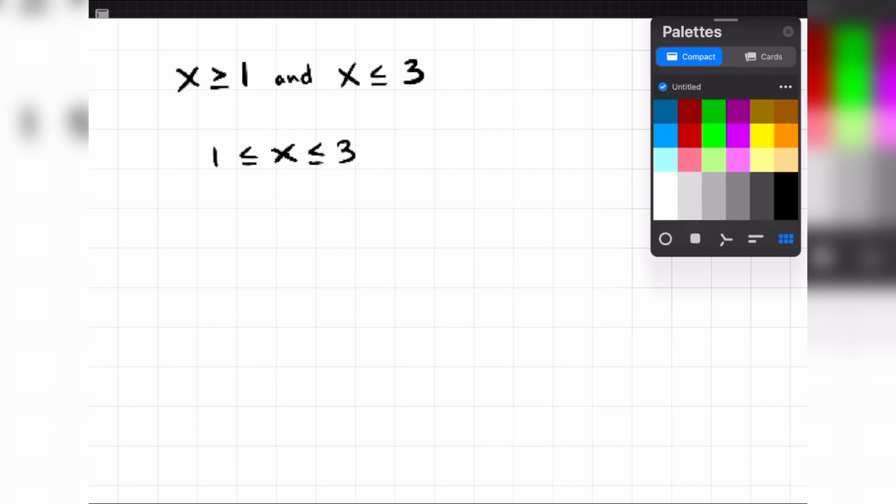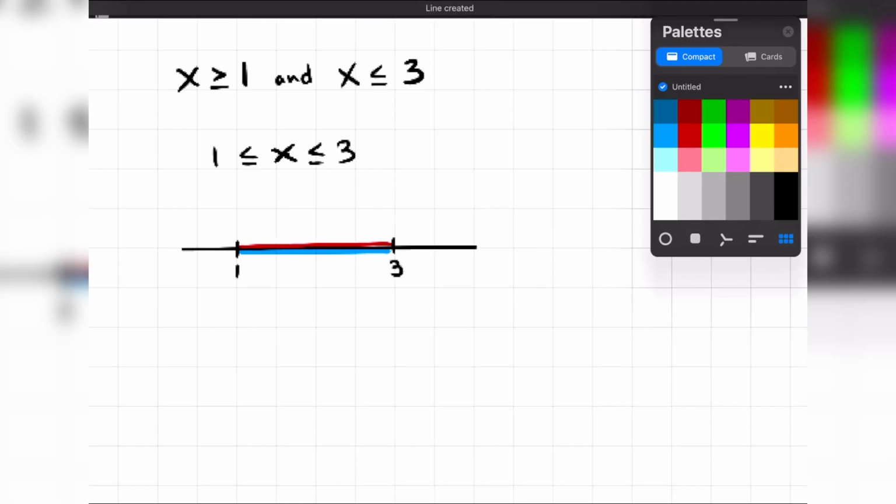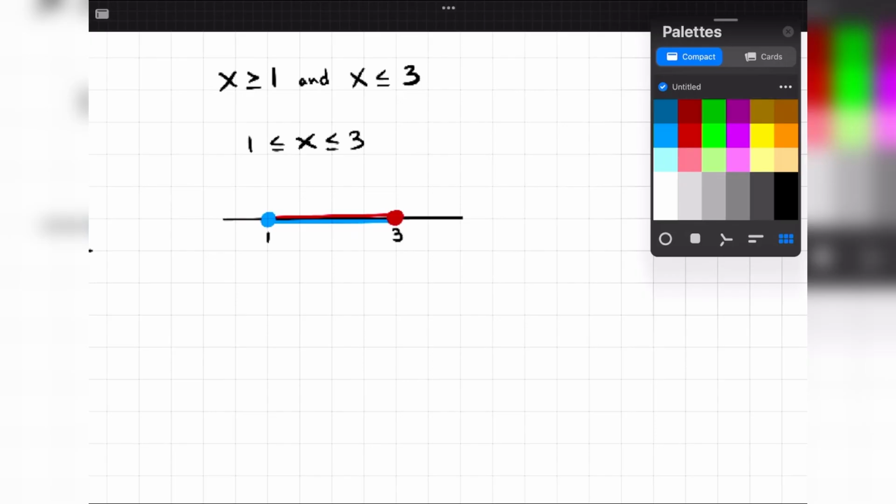And then on the line, this is 1, this will be 3. And then x is greater than 1, we'll put a line right here. And x is less than or equal to 3, we'll have open. Oh no, this is closed in. And then this one is also closed in. So then the solution should be bracket 1, comma 3, bracket.